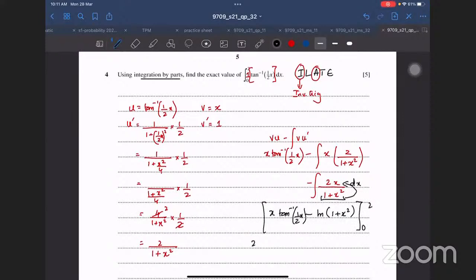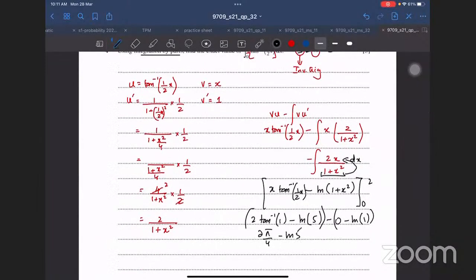So I get 2 tan inverse 1 ln 5 minus 0 minus ln 1. So that's again 0. 2 tan inverse of 1 gives me 2 pi over 4 minus ln 5.